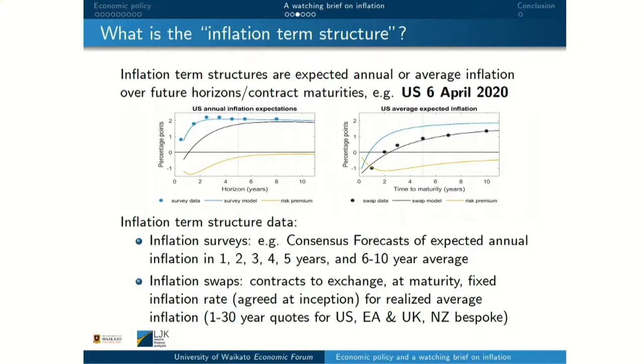Now, when people trade these inflation swaps, they're directly trading a view on inflation. So basically, someone will take a fixed rate of inflation that they are obliged to pay out to the other party, who will pay out to the fixed side what the realised rate of inflation or average rate of inflation was over the horizon of that contract.